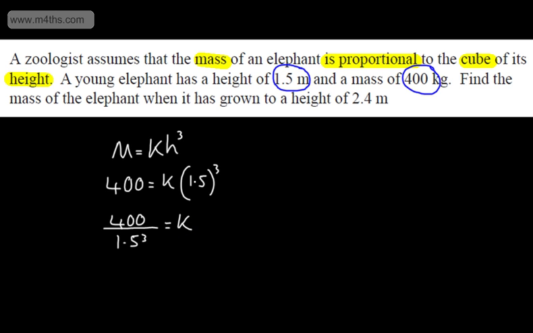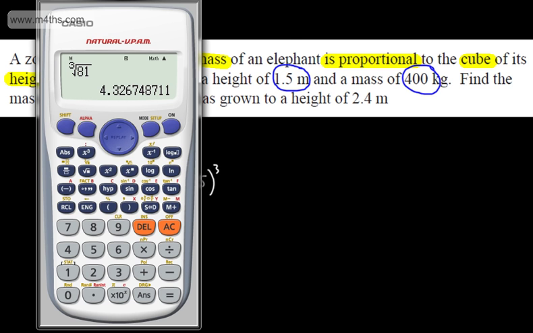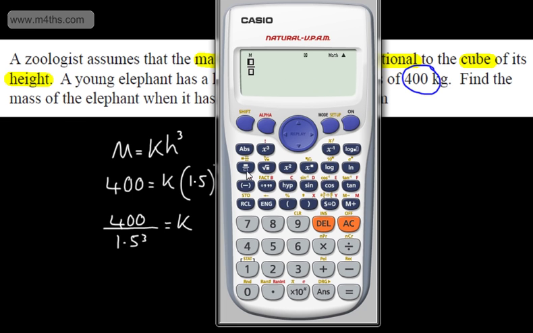So let's go ahead and do that in the calculator. My brain's not going to work that out too quickly. So 400 divided by 1.5 to the power of 3. We can either use this button right here or this one. It's entirely up to us. And that gives us this value here. So that's going to give us 3,200 over 27, as a fraction, or a decimal. I'm going to write it like so.